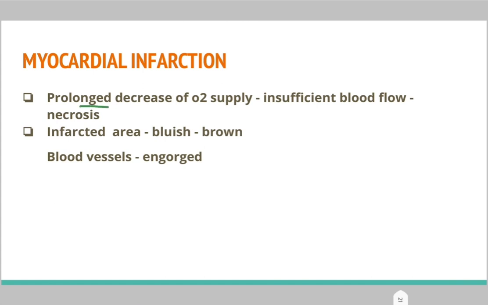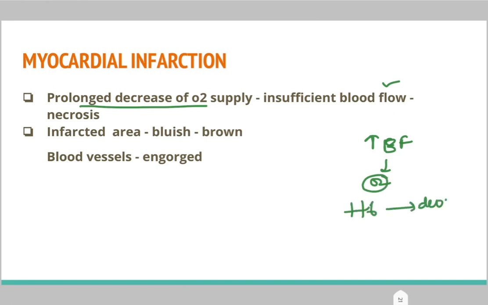Now coming to the myocardial infarction. Myocardial infarction is seen in that area of the cardiac tissue where it has a prolonged decrease of oxygen supply. This is due to the insufficient blood flow and it will lead to the necrosis of the cardiac tissue finally. So to compensate this, the local blood vessels will dilate and it will increase the blood flow.